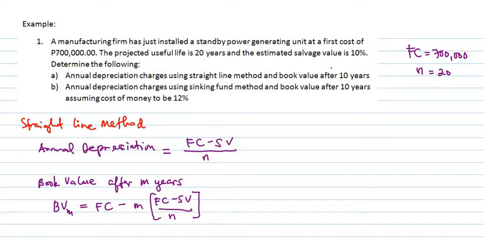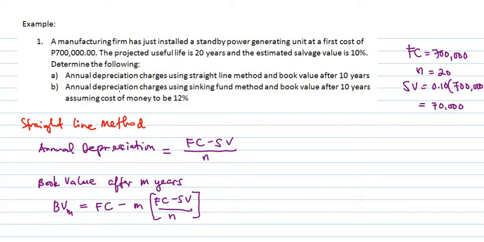And the estimated salvage value is 10%. So our salvage value is equivalent to 10% of the first cost, which is equivalent to 70,000. That is our salvage value.